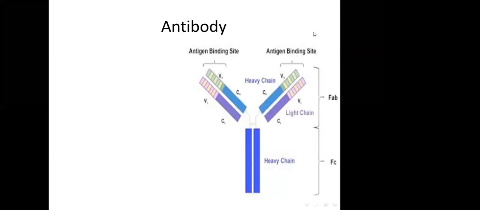Now we have what is called antibody, and you should carefully know the structure of the antibody. Antibody has two structures: the Fab part, which is the upper part, which has what is called the N terminal, and the FC part, which has what is called the C terminal. What is the importance of this information?